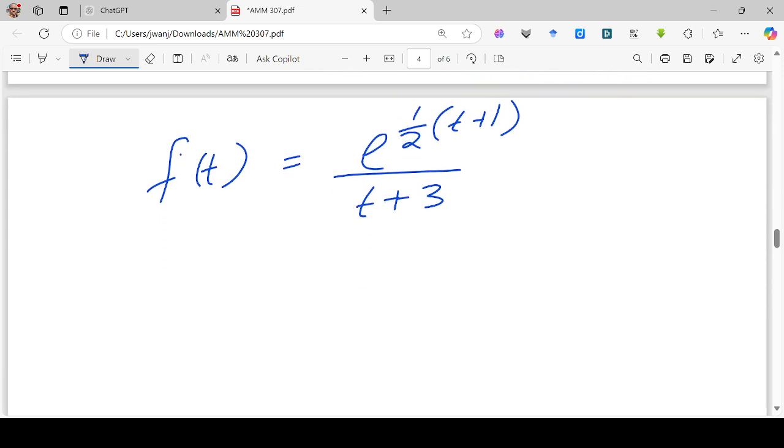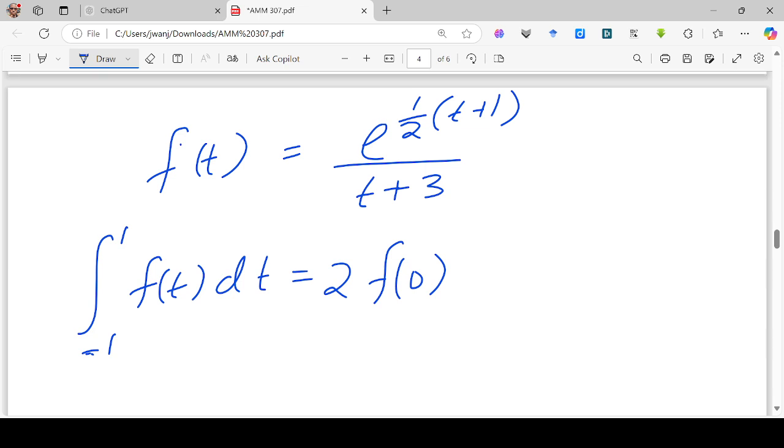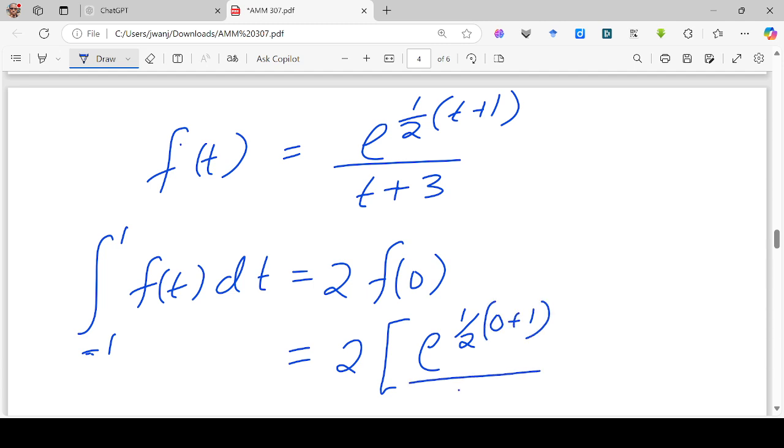Using the 1-point method, the integral from -1 to 1 of f(t) dt is equal to 2 times f(0). So in our case, we have 2 multiplied by e raised to power 1 over 2 times (0 plus 1), divided by (0 plus 3).